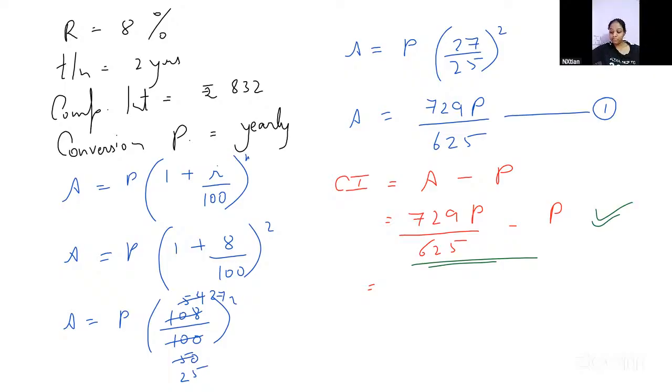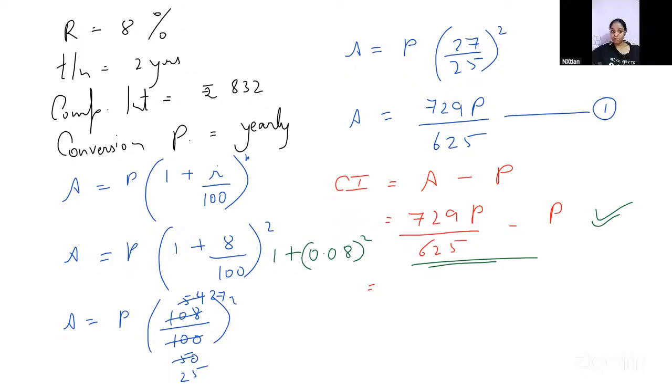Suppose I've taken 1 plus 0.08, and whole square. So multiply 0.08 into 0.08. How much? 8 into 8 is how much? 64.